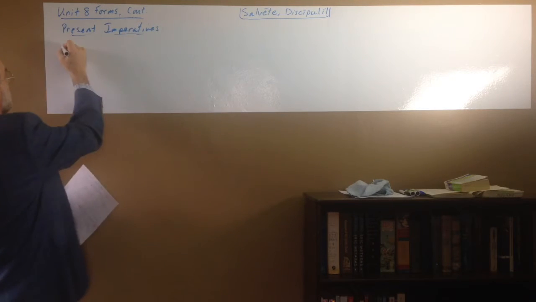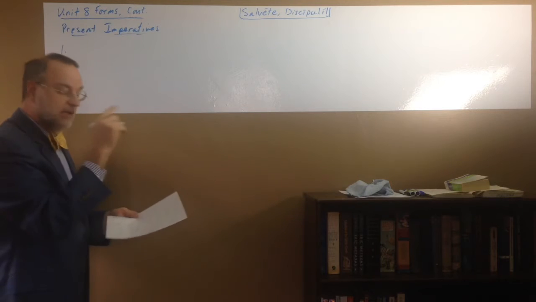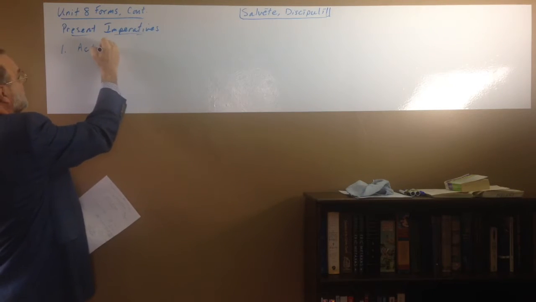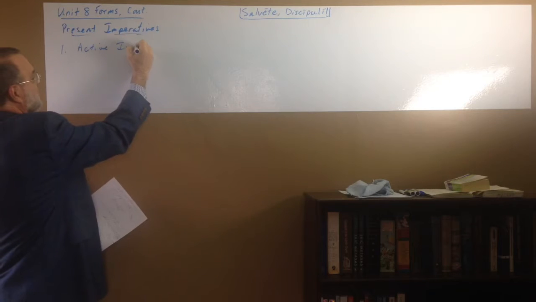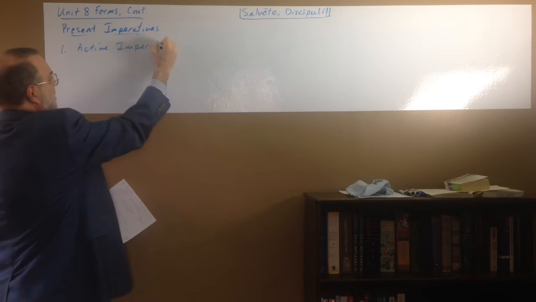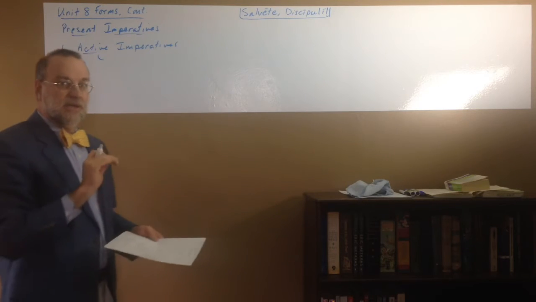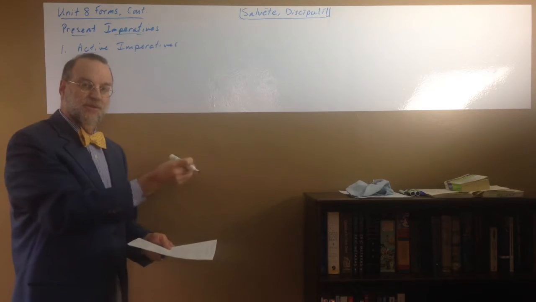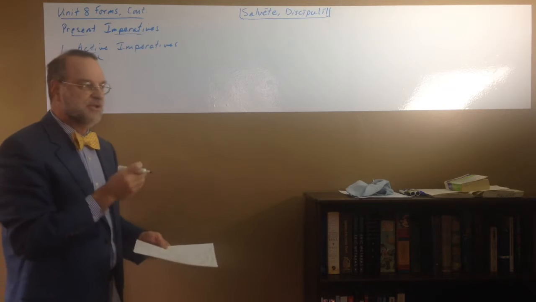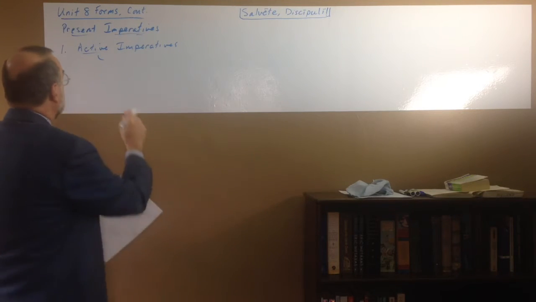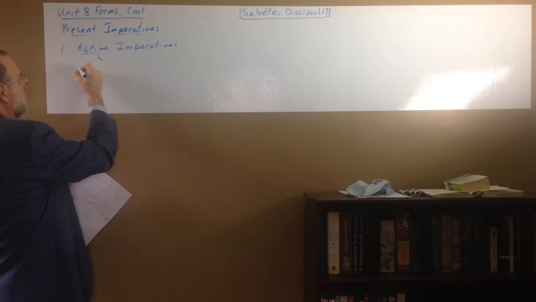Number 1 in the presentation for Unit 8 were the active imperatives. Active voice imperatives, active meaning that the understood subject, the you singular or you plural, is understood to be performing the action. These are quite easy to form.